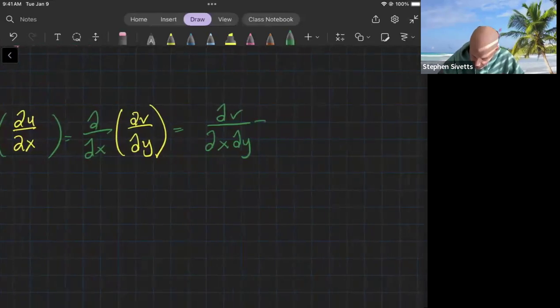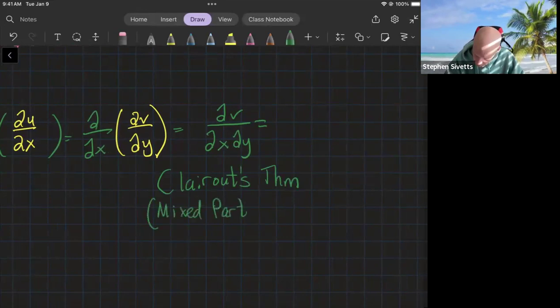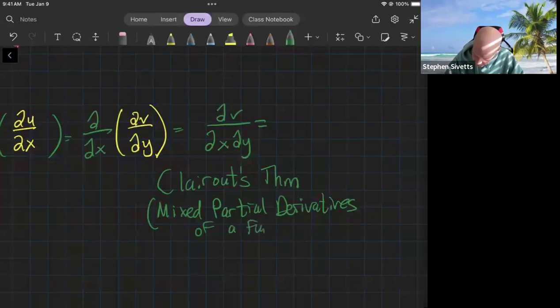There's actually a theorem in partial derivatives called Clairaut's theorem. And what this means essentially is that mixed partial derivatives of a function are equal.